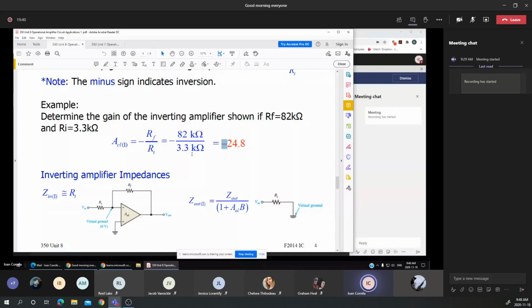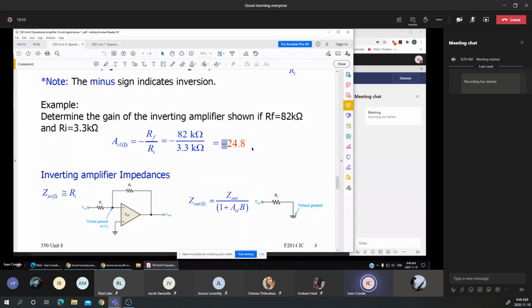Ohms and ohms are simplified and we have just the ratio of the two resistances. Using a negative gain, as I mentioned before, we can have a precise gain or a precise amplification of the input signal.